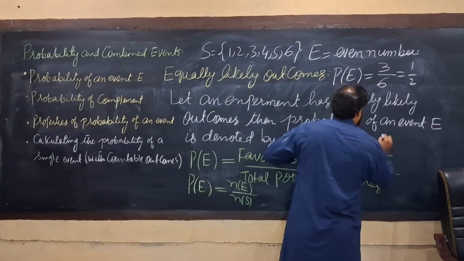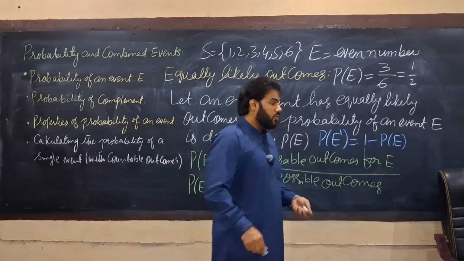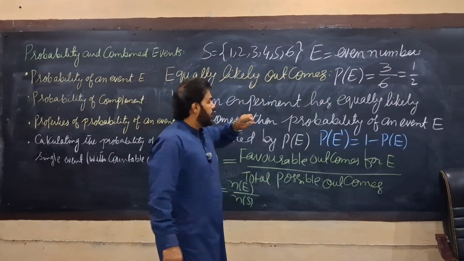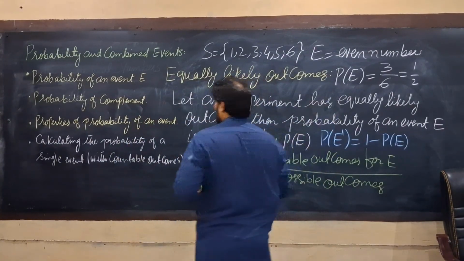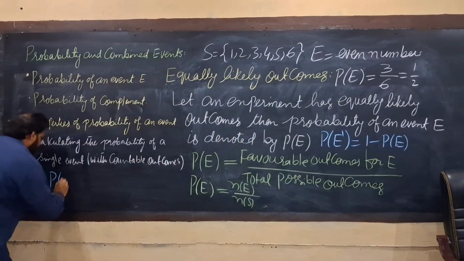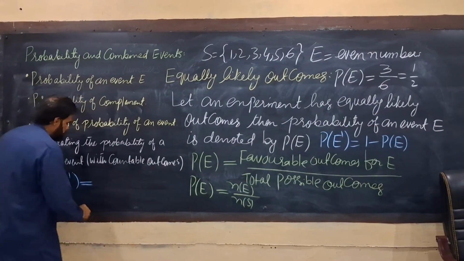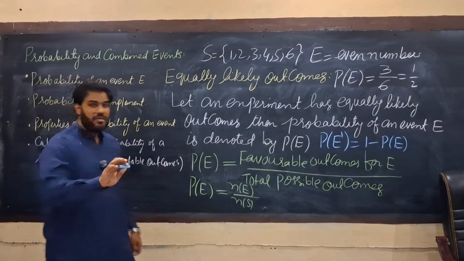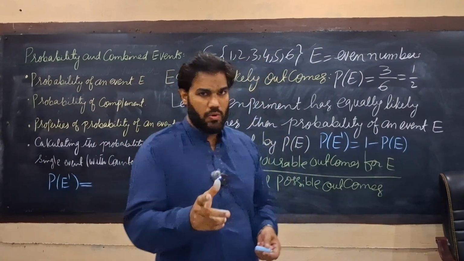This is equal to 1 minus probability of E. For example, in this example, what is the probability of E complement? It means the occurring number is not an even number. It means it will be an odd number.